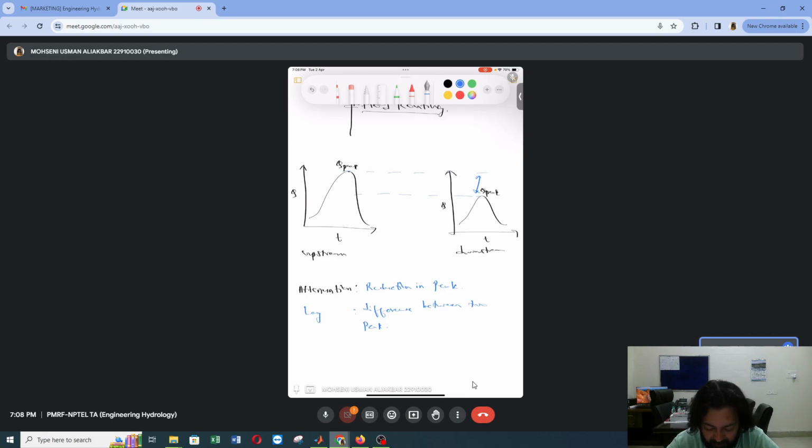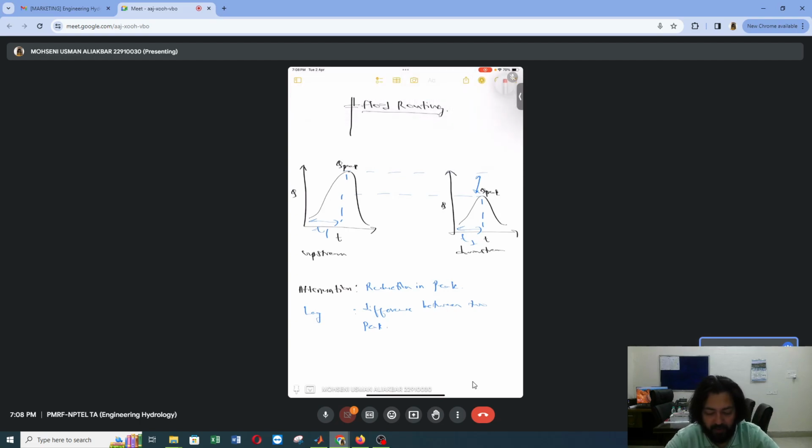So if we can see here the time is T1, that is the time required to achieve Q peak in the upstream hydrograph. Similarly here the time is T2. So there will be some time difference between both the hydrographs to achieve the corresponding peak. So that difference is called lag. It is the difference between the two peaks. So this is what changes when we talk about the hydrograph.